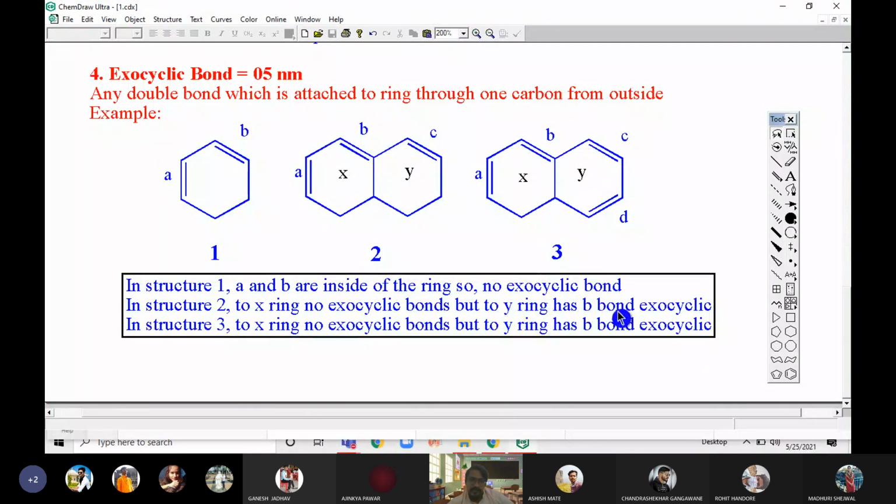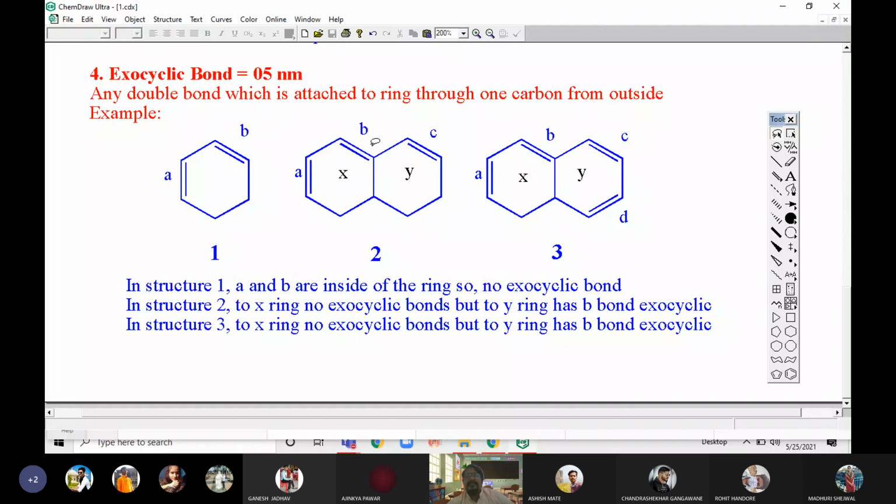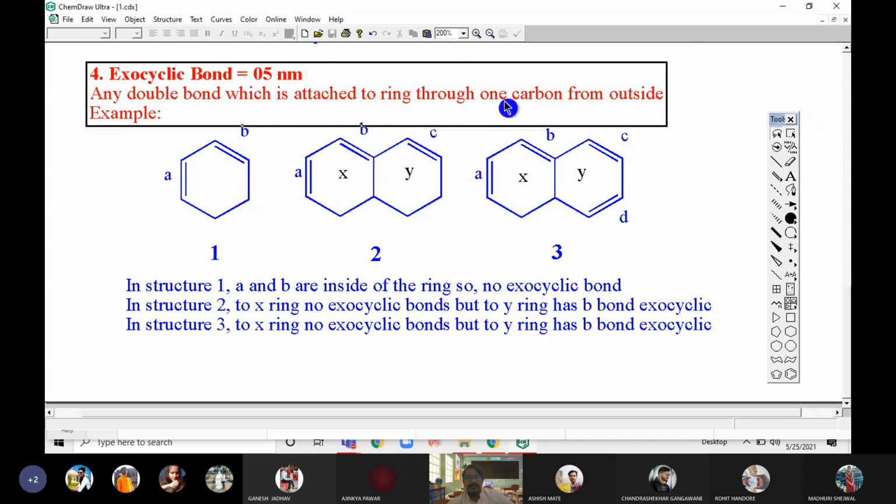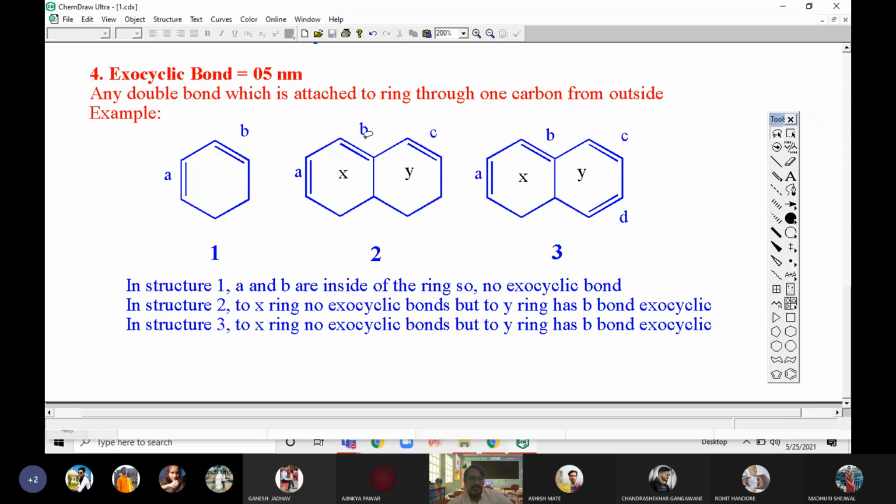This B bond is attached to the ring through one carbon from outside, so that's why B is known as an exocyclic bond. So we add 0 for this and 5 for this, so the total will be 5. One exocyclic bond corresponds to 5 nanometers.